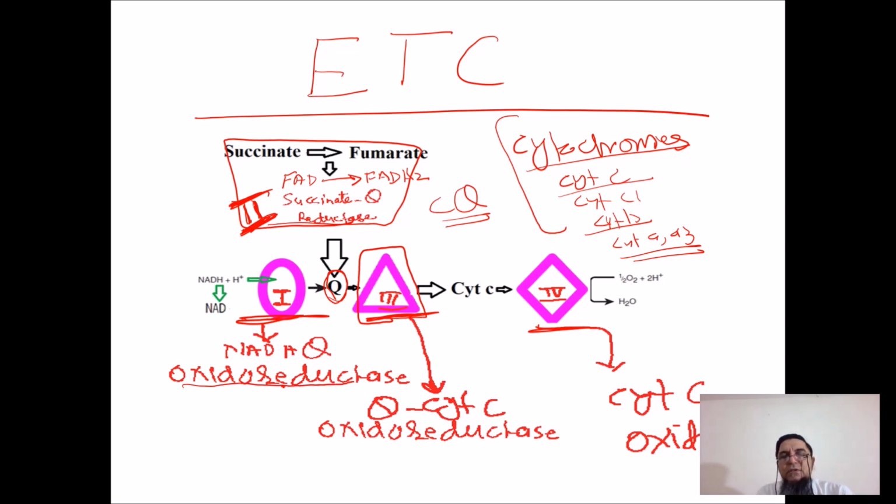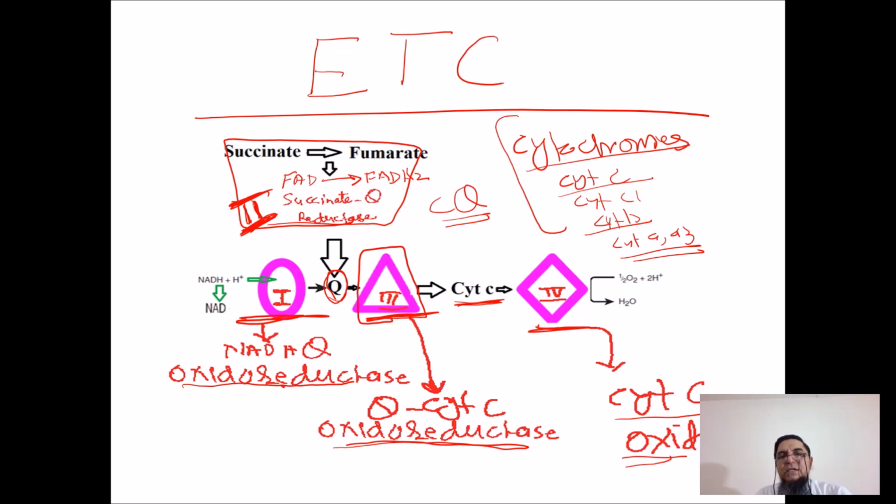Complex 3 is connected with complex 4 with the help of cytochrome C, and the enzyme is Q-cytochrome C oxidoreductase. Complex 4 is cytochrome AA3, and the enzyme is cytochrome oxidase. So cytochrome C is connected with complex 4.